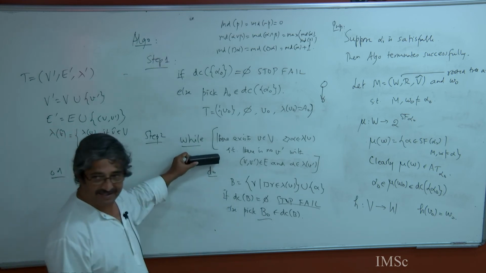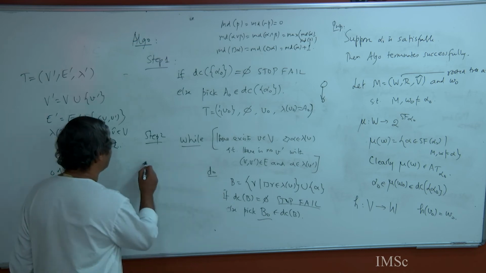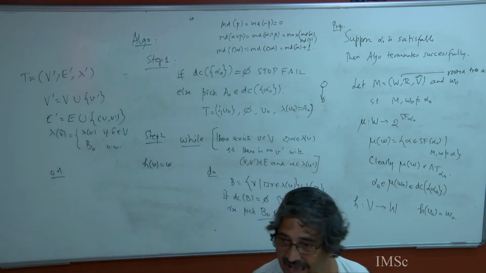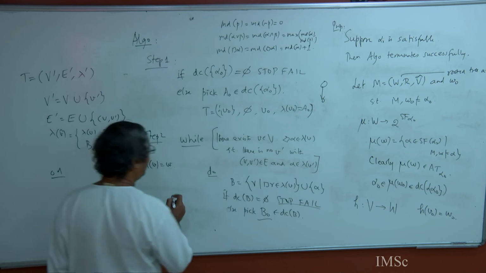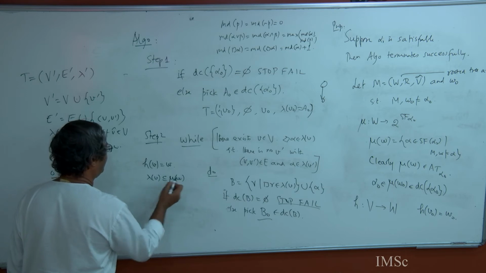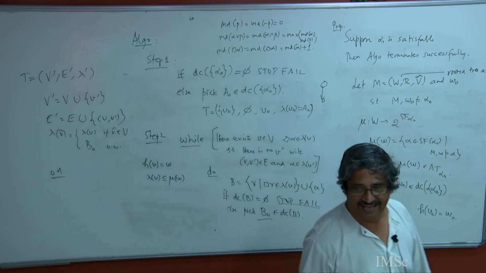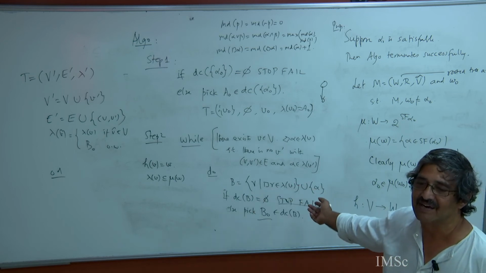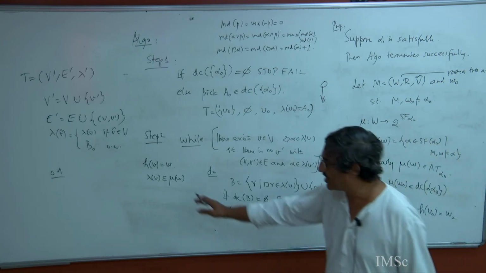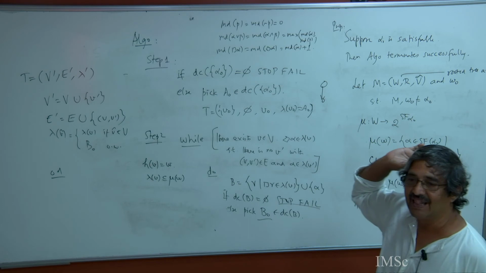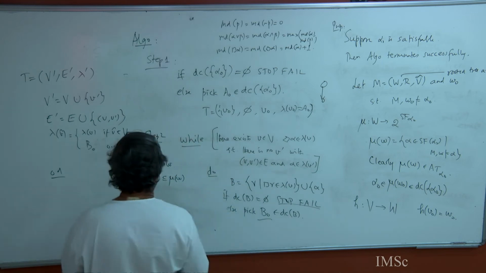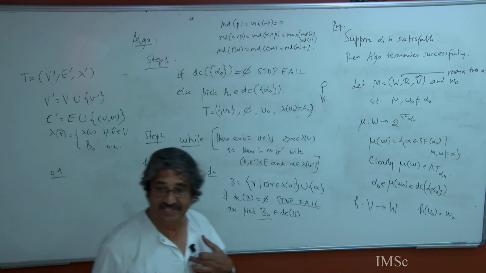So when I consider a tree node of this kind, H of V is some W, and I already know that lambda of V is a subset of mu of W, right? It need not be actually equal. It can have some more junk. As far as we are concerned, that's not an issue. Whatever is the label that I have got in my algorithm is contained in the original set. That's good enough. But we can actually keep it as equal also. The main point is that I have this map.